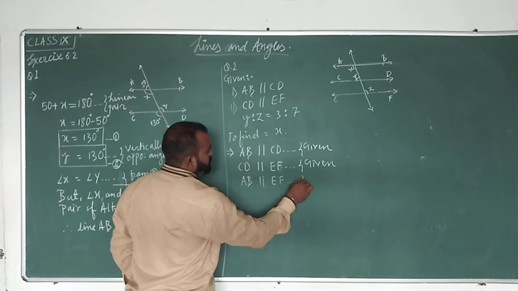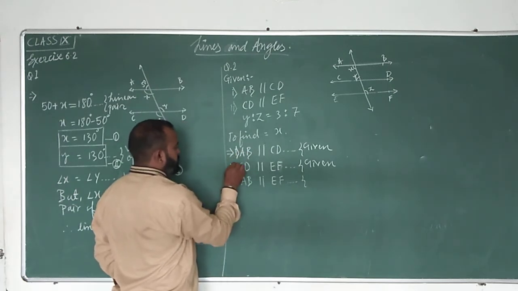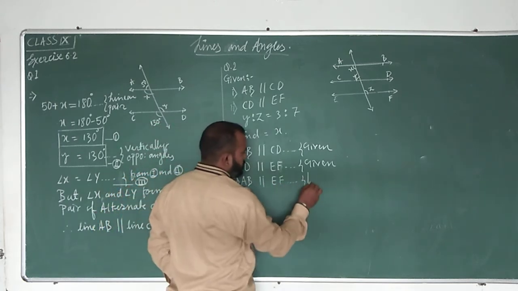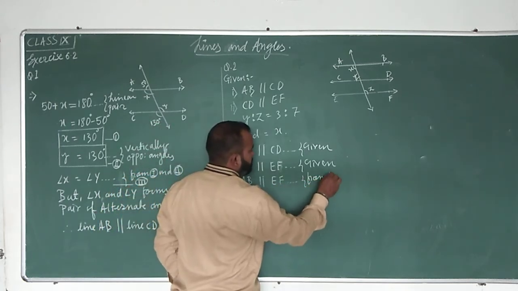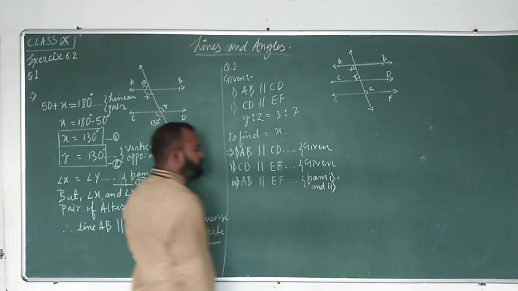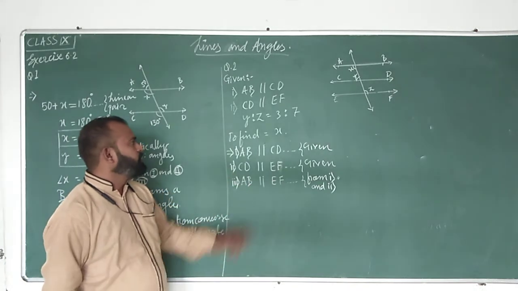AB and EF will also be parallel. If I give this 1, this 2, this will be third. So from 1 and 2, what we got? That AB is parallel to EF. Now what will we assume?